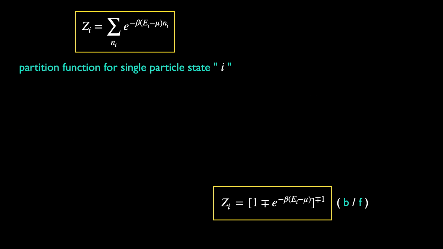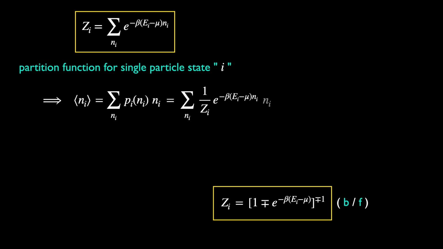Another expression which we shall often use is the average occupation number for a state. This is defined in a straightforward manner by our probabilities for occupation numbers. We can express this in terms of the derivative of log Zi with respect to the chemical potential.